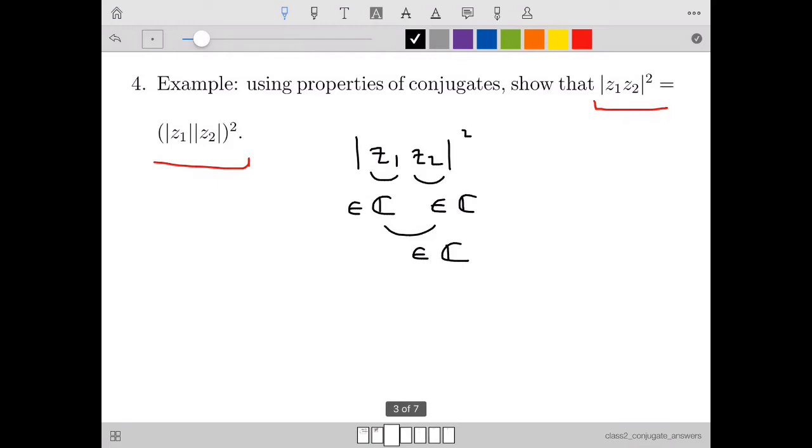And we know from E last time that for any complex number, Z times Z conjugate is absolute Z squared.